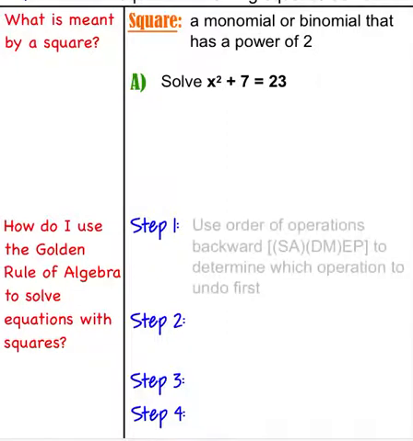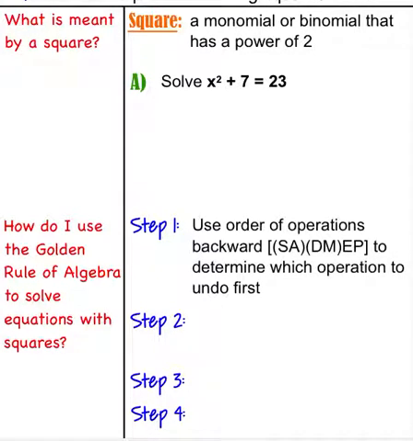Now, first we're going to use that order of operations backwards. Today, because we have that square in there, we're going to be using that exponent piece. So if I look at how I would want to build this equation, if I knew what x was and I needed to show that it equals 23, what I would first do is use a little caret, square it, and then add 7.